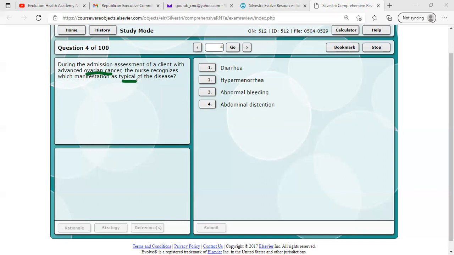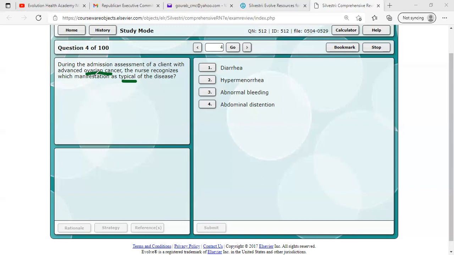First of all, here: diarrhea, hypermenorrhea, abnormal bleeding, and abdominal distension. So, ovarian cancer, keep in mind, it is not uterine cancer, it is not cervical cancer.